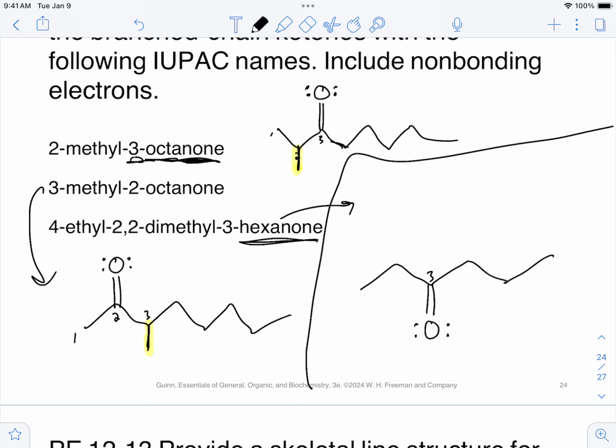Then we have a 2,2-dimethyl. So off the second carbon, which we'll say is there, we have 2 methyl groups. So 1, 2. And off the fourth, which we will say is here, we have an ethyl group. So there's our ethyl group. And then there's our main chain. So that is the compound for that.